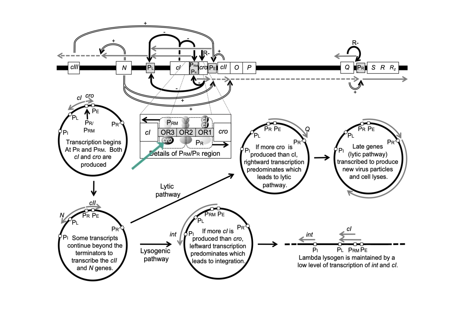But if you have more CRO than C1, then it will bind to OR3 and it will block the PRM promoter, and so it will inhibit the lysogenic pathway. And so you can see down below, if you start from C1 and CRO, you make some of each.